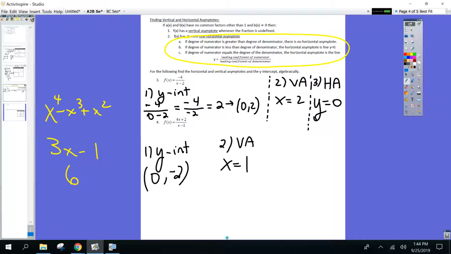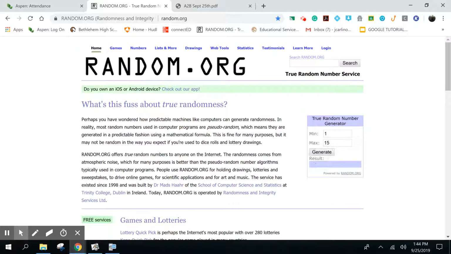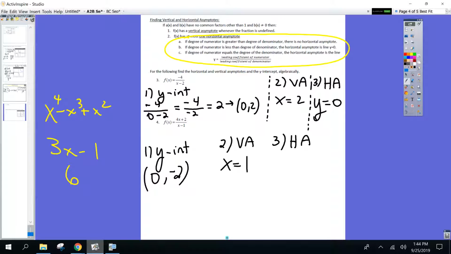Now, horizontal asymptote. You have to look at the degrees. I need some help. All I need to know is the degree on top and the degree on the bottom. What happens when they match?